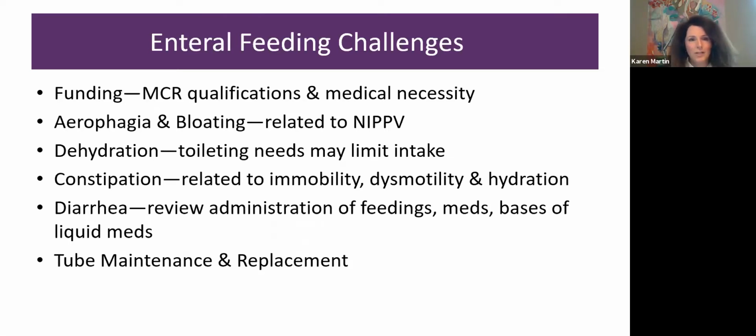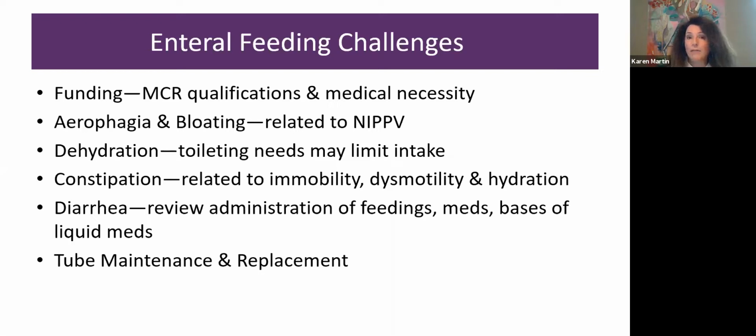Again, hydration is important, and you can't emphasize more how the fluid intake impacts that, but also immobility is something that impacts constipation and makes it worse.